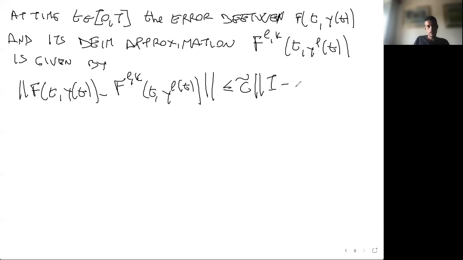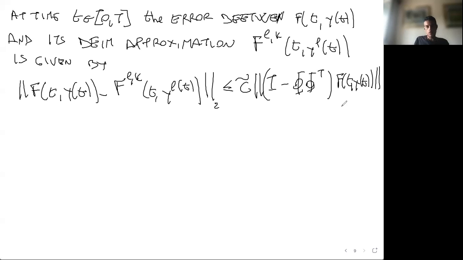times the norm of identity minus phi phi transpose times f(t, y(t)).